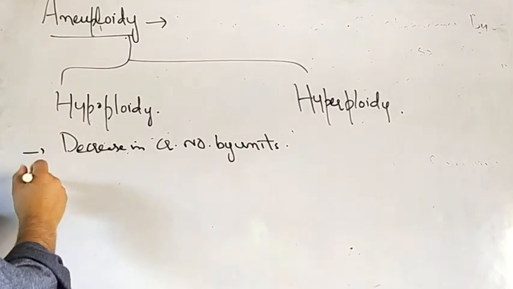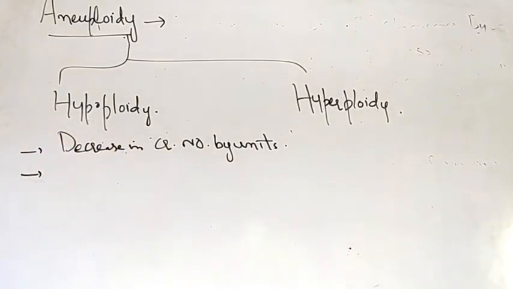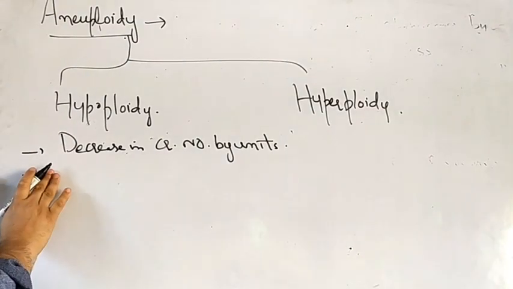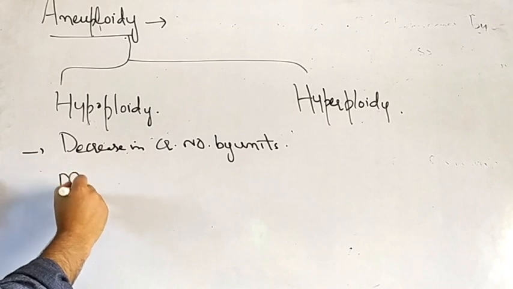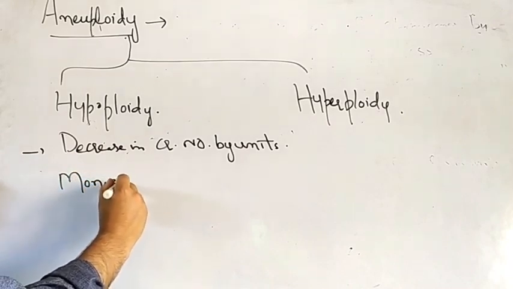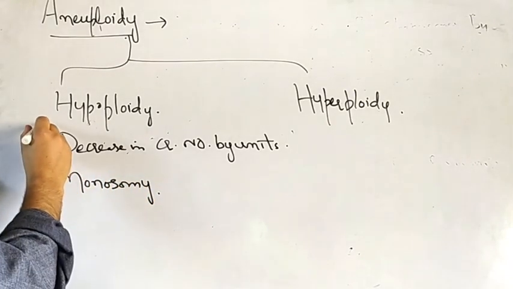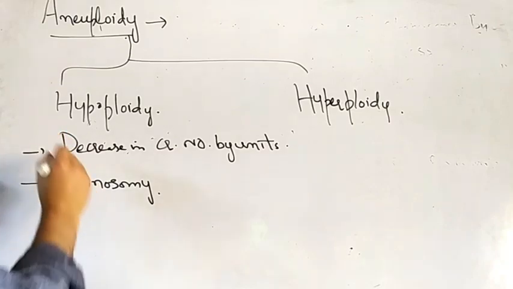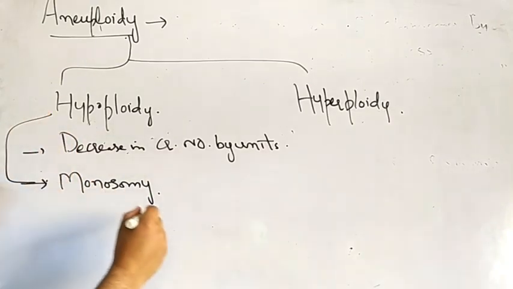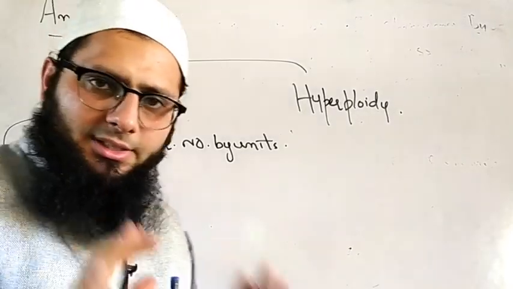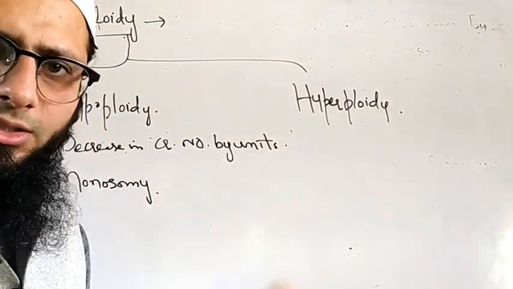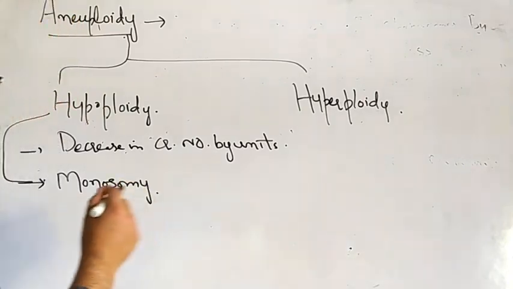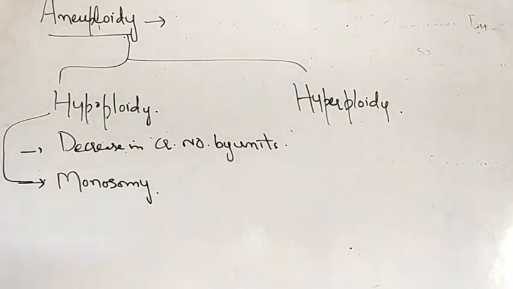We can also say there is a loss or subtraction of a few chromosomes. So Hypoploidy can be, a subtype of it, monosomy. That means when only one chromosome is missing from the entire genome, that time we call it monosomy.